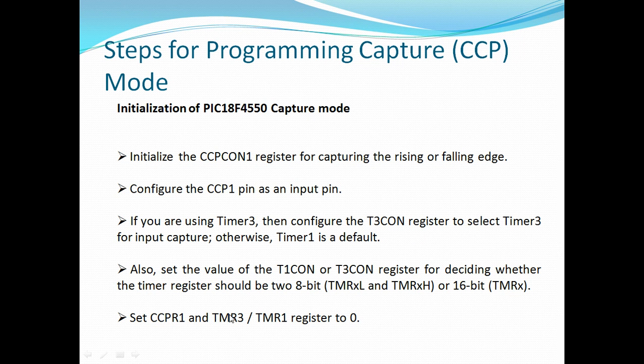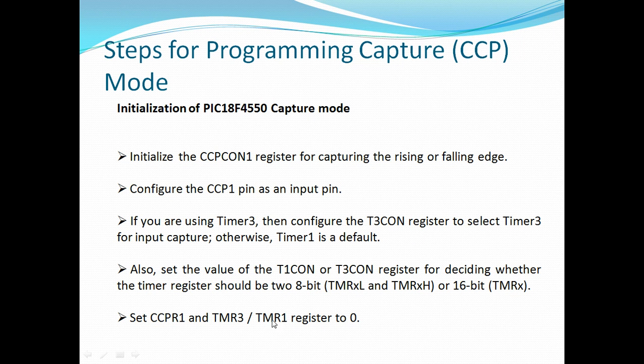Then in the last stage we will set the CCP module in capture mode, and we will turn on the timer register. So in this step, initial values for Timer 1 16-bit mode are written with the value 0000.